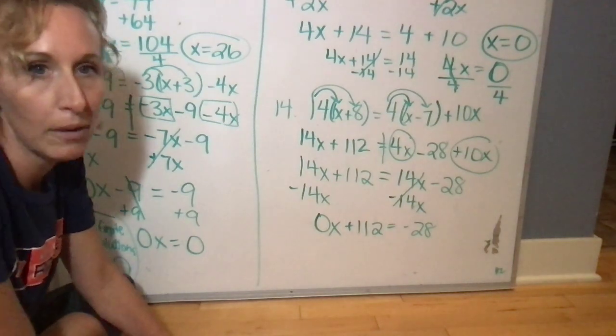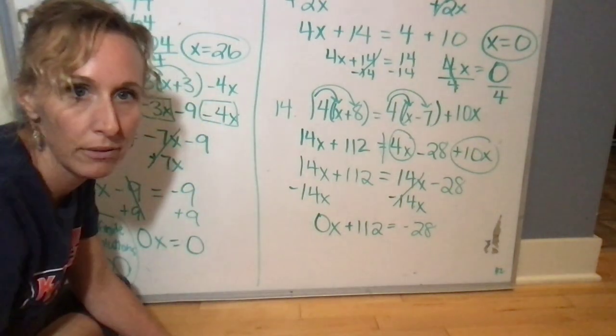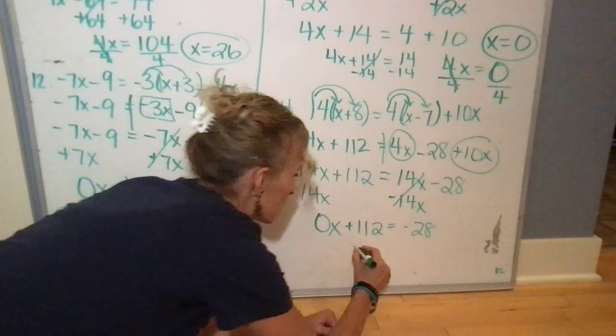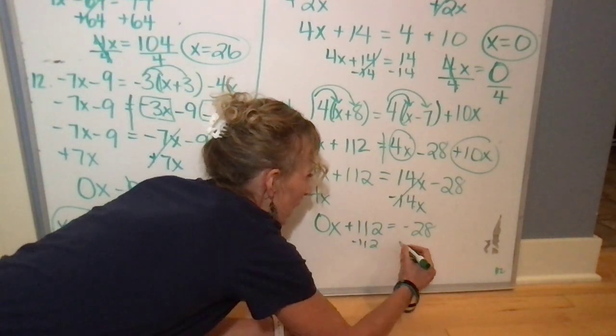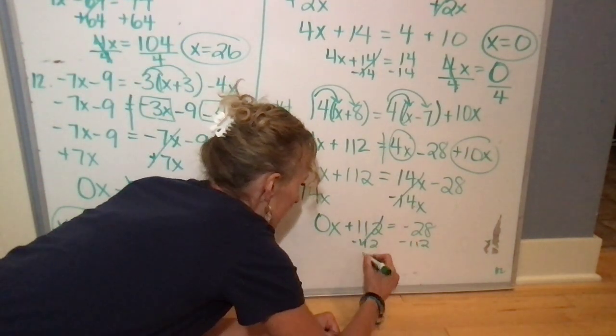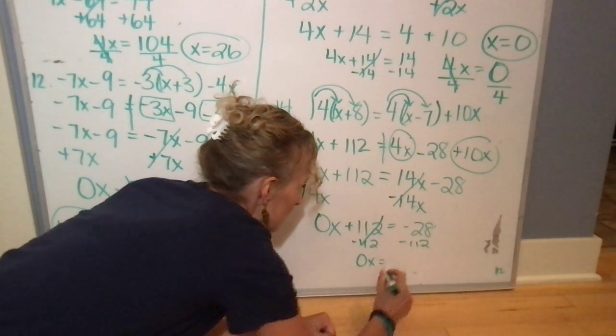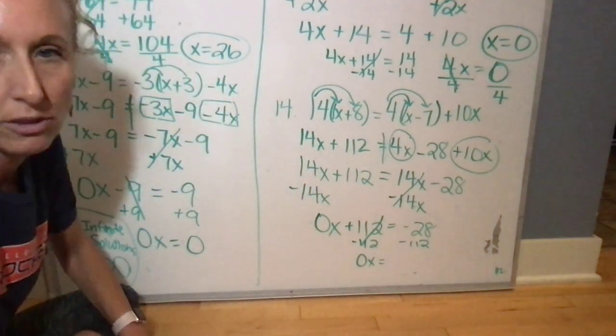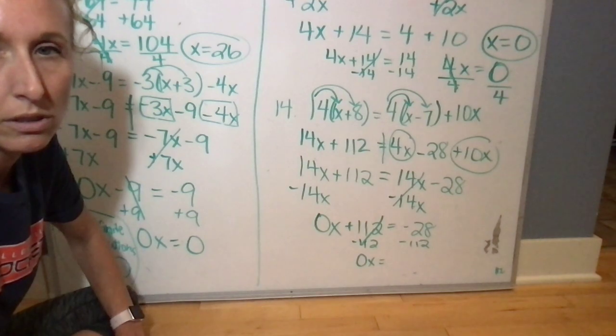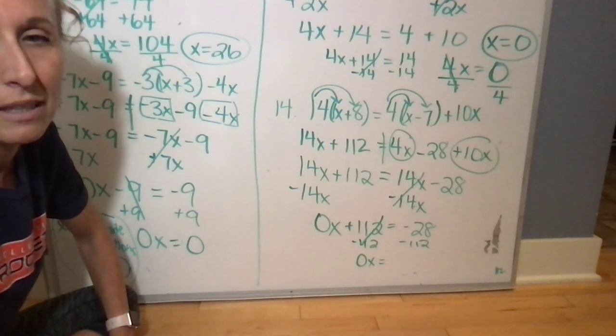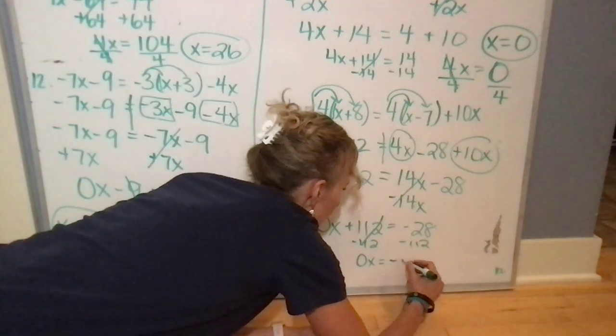Which one would we get rid of next? The 0 or the 112? Definitely the 112. So subtract 112 and subtract 112 over here. Cancel. 0x equals negative 28 minus 112 equals negative 140.